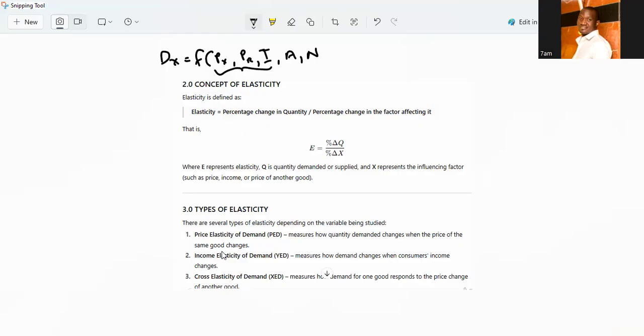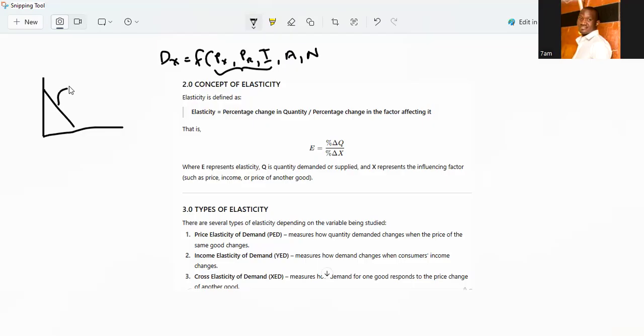So now, price elasticity of demand measures how the quantity demanded changes when the price of the same good changes. So we understand that elasticity of demand is always negative because of the law that stipulates that for any good, an increase in price will cause a decrease in quantity demanded.